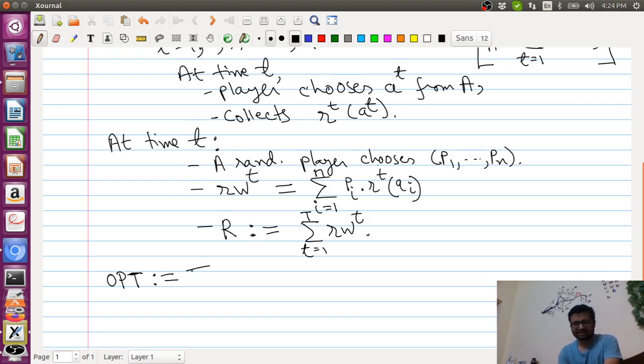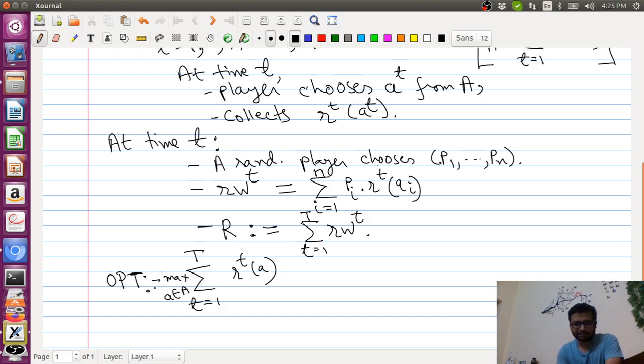This is the performance of any one fixed action in the set capital A, or in other words, the max over all actions a of the sum of R^t(a).